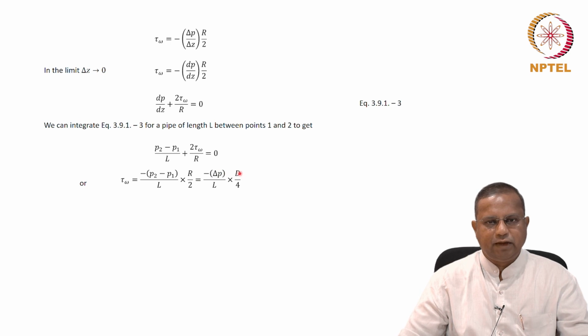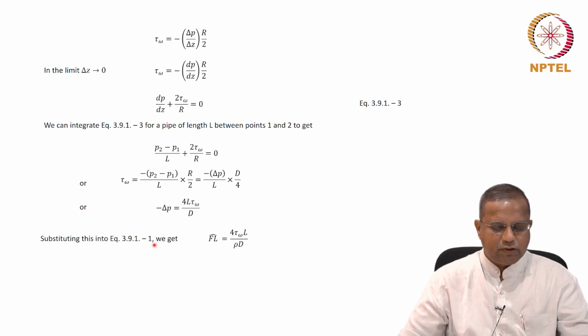This is radius, this is diameter. So you get this relationship. Or minus delta P is nothing but 4L tau W divided by D. So we have brought this to a relationship between minus delta P and tau W for a given pipe, for a given L and D.